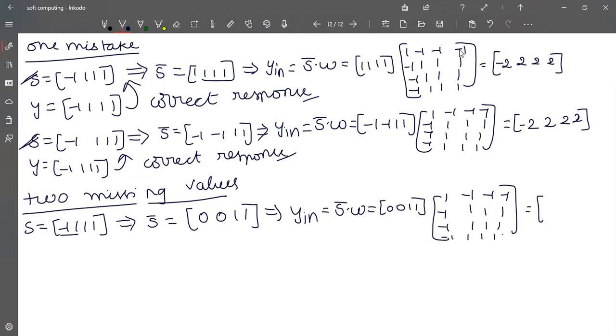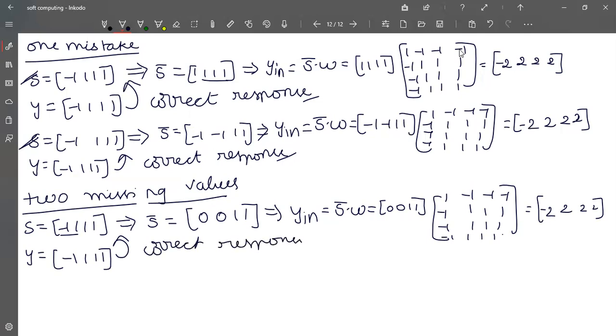So if we simplify this, we'll be getting 0, 0, minus 1, minus 1, minus 2, 0, 0, 2, 2, 2. So if we apply the activation function, we will be getting minus 1, 1, 1, 1, since minus 2 is less than 0 and 2 is greater than 0, and we have obtained the correct response.